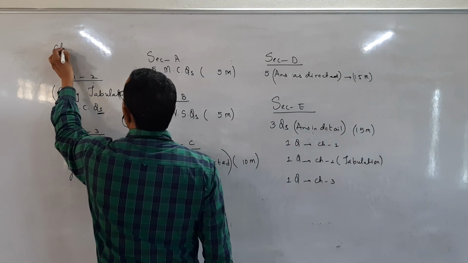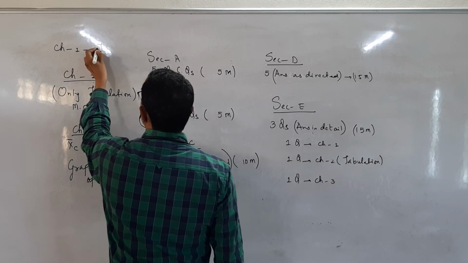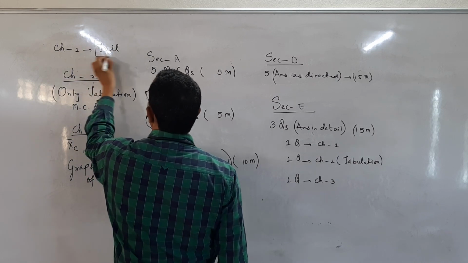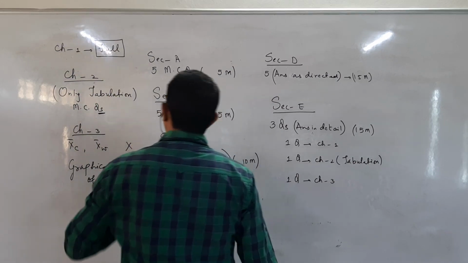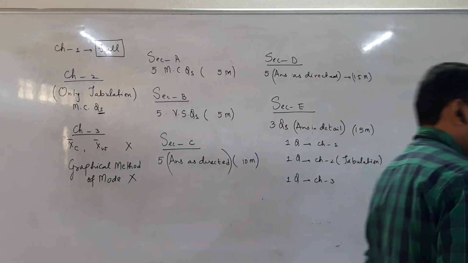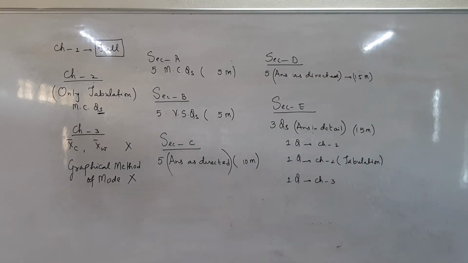So chapter 1, students, you have to do in full. Nothing has been removed from chapter 1. Chapter 2 only tabulation sums, no graph, nothing else. Chapter 3, what is removed?